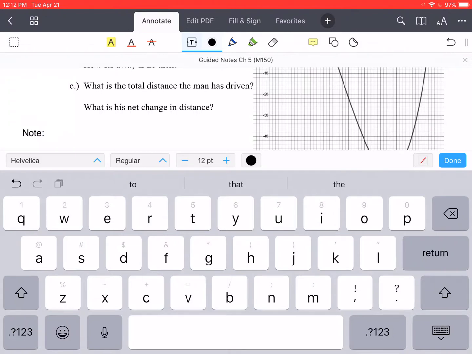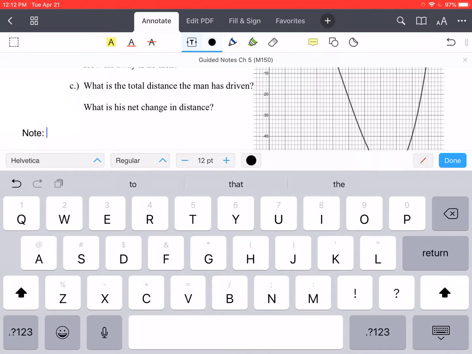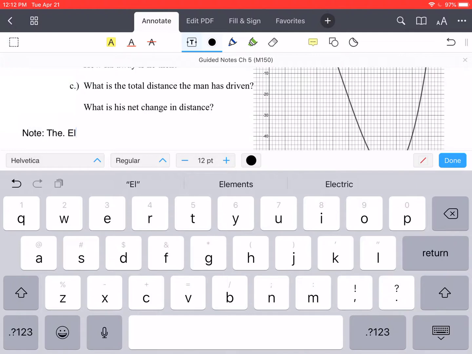Okay, so what's really happening here is the velocity increases, then it hits 0 at 2, where the function is crossing the t-axis, then it is negative.